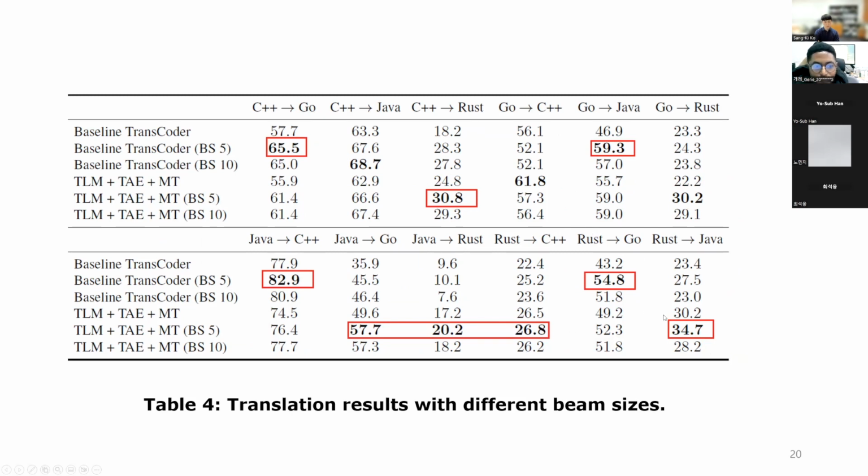So they use beam size 10 and beam size 5. Here the beam size of 5 is dominating the result. The best result is obtained using beam size 5.